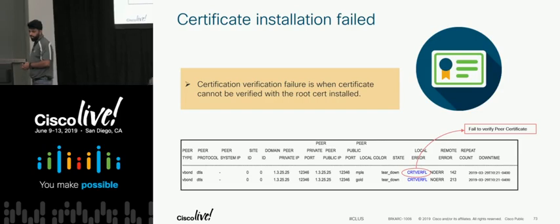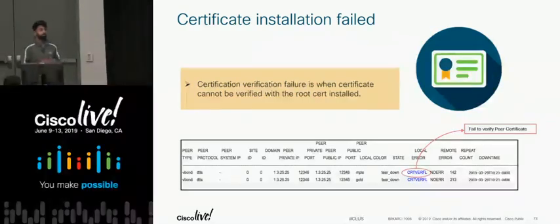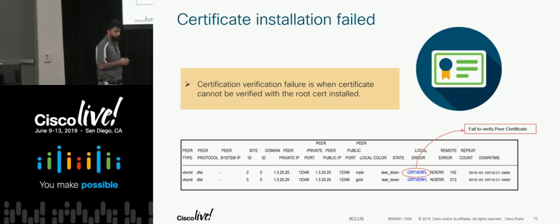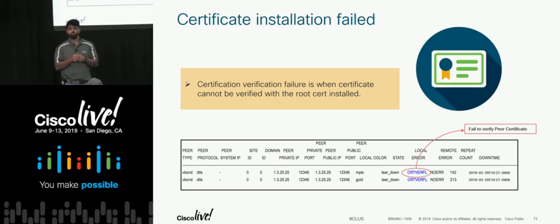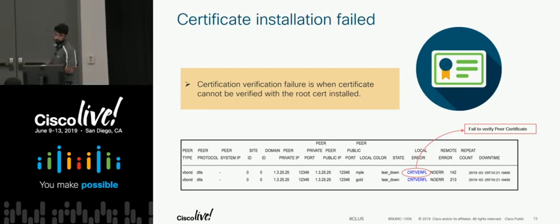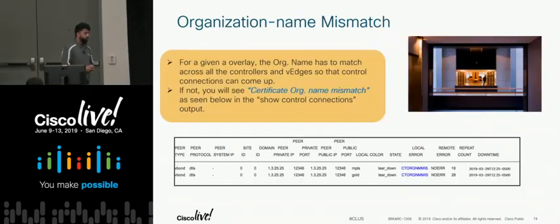And then for the certificate installation, if the root certificate is not getting verified from the vEdge devices or any of the devices from the controllers, if the root certificate is not the same as the controllers, then we would be seeing this certificate verification fail. And there is this organization mismatch.